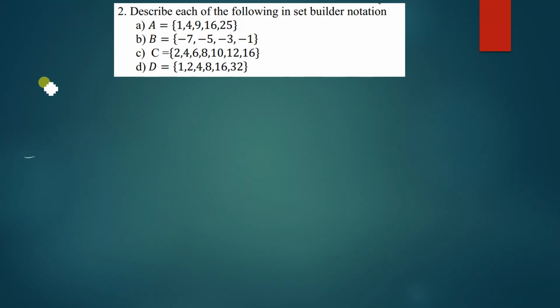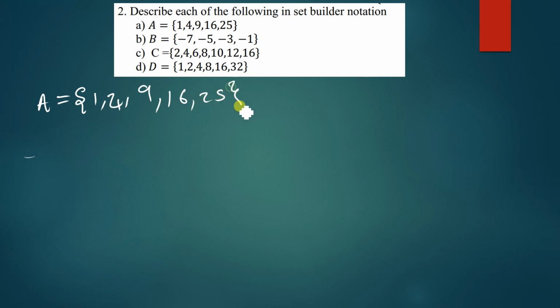The first question here is set A is equal to 1, 4, 9, 16, and 25. When you look at these numbers, these are perfect squares.